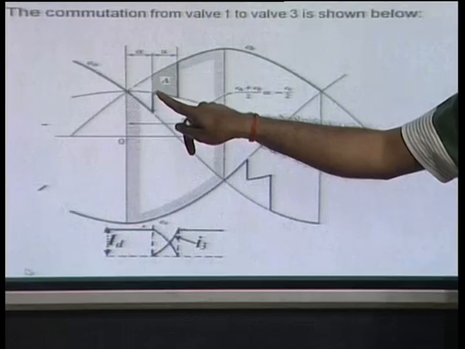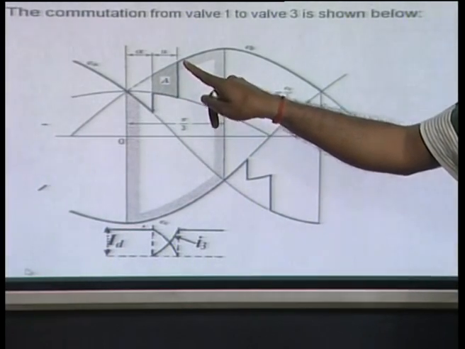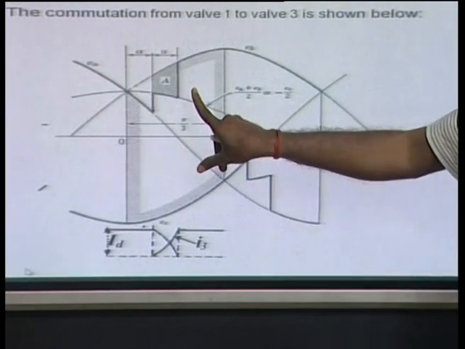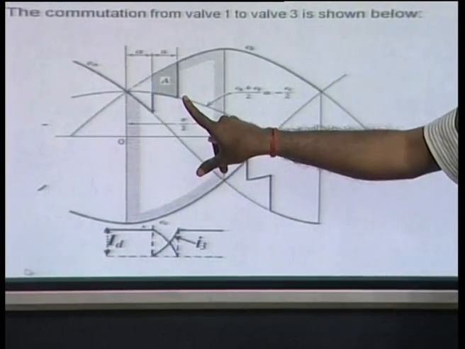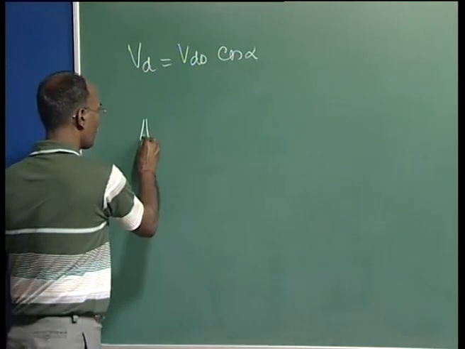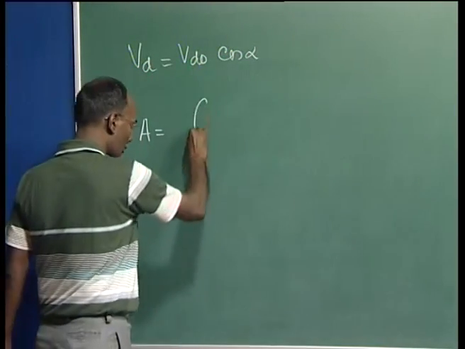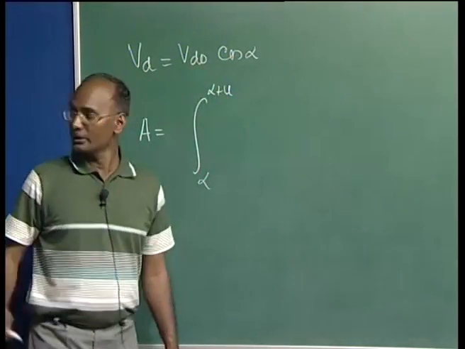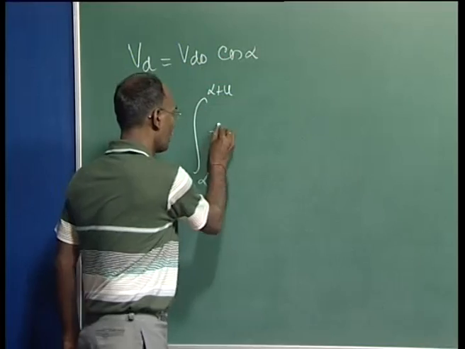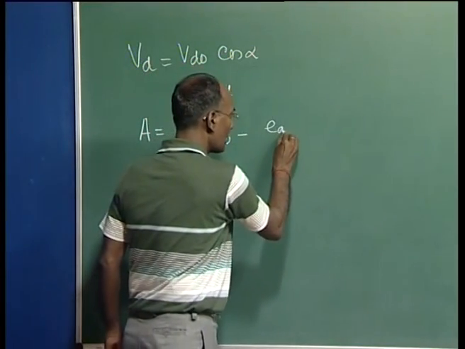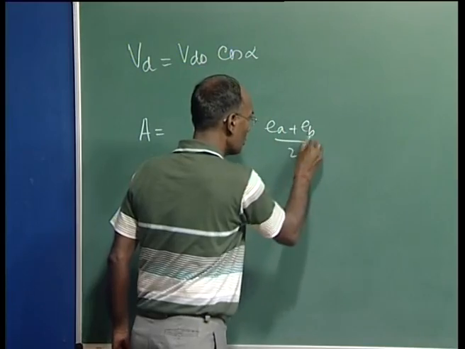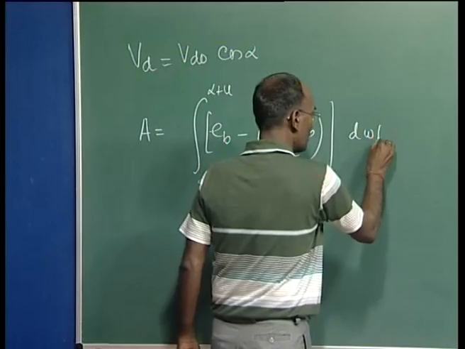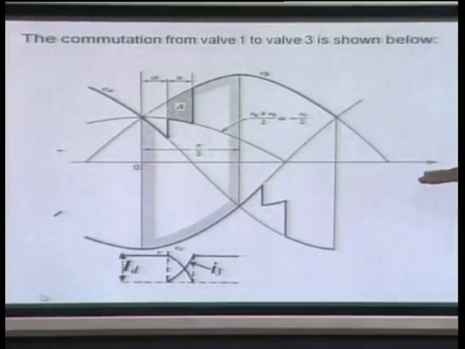This area is this curve minus this curve, and we have to integrate from alpha to alpha plus U degree. So the area A is nothing but the integration from alpha to alpha plus U of EB minus EA plus EB by 2, with respect to omega t, because this axis is omega t.